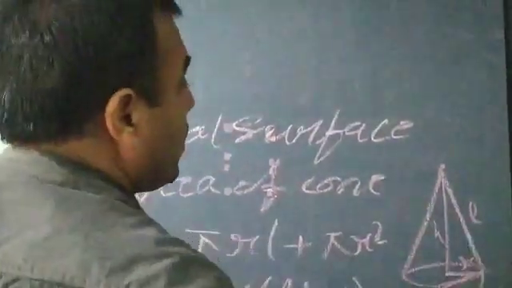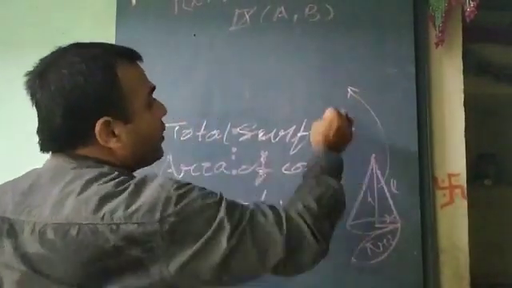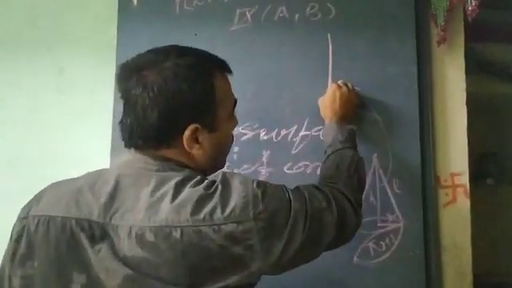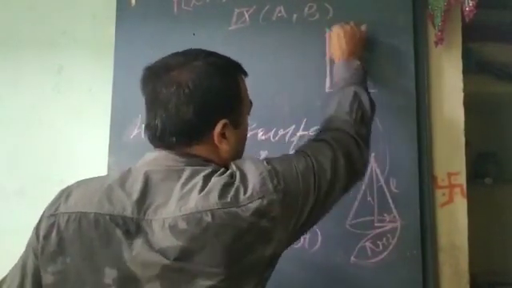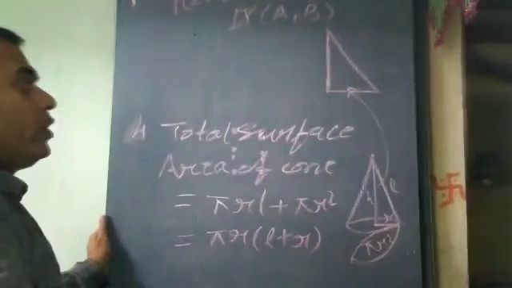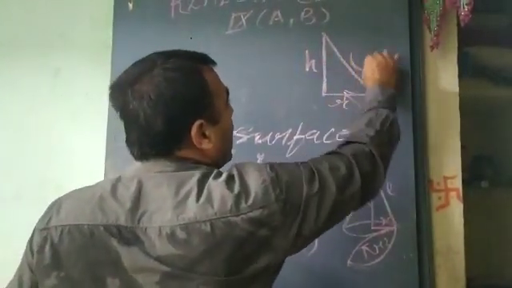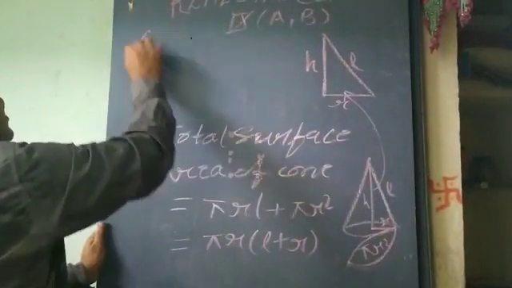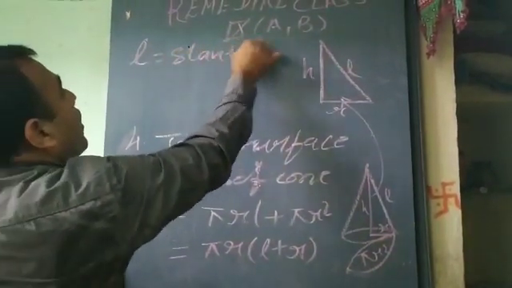When we take out this portion, it will be in the form of a right angle triangle. It is h, it is r, it is L, that is, L is the slant height.